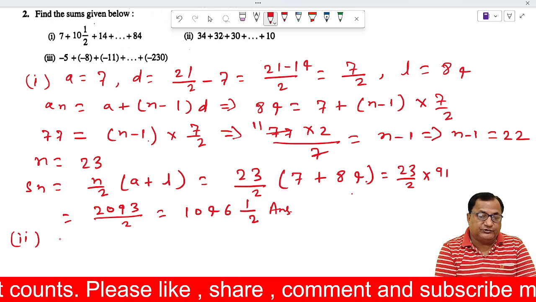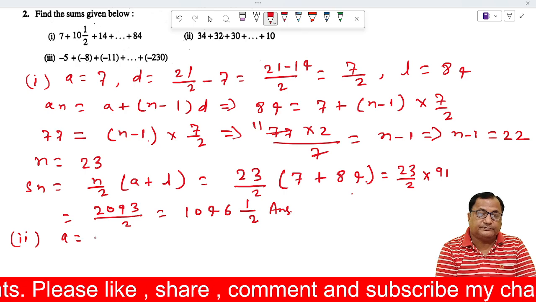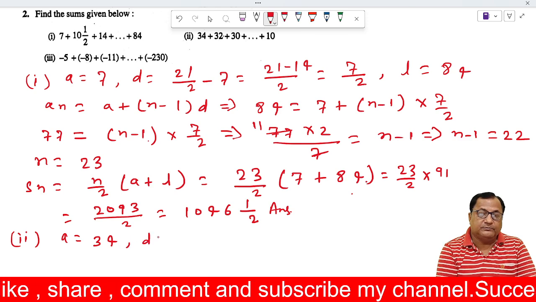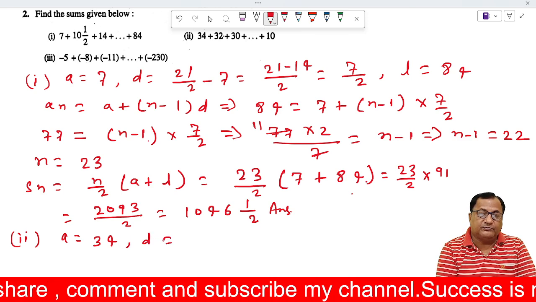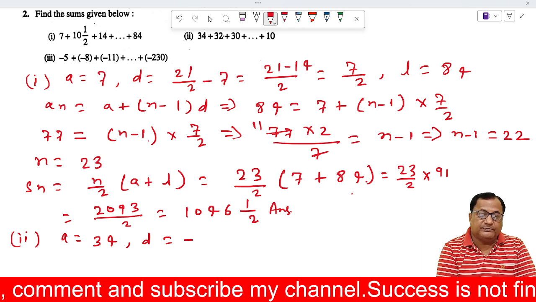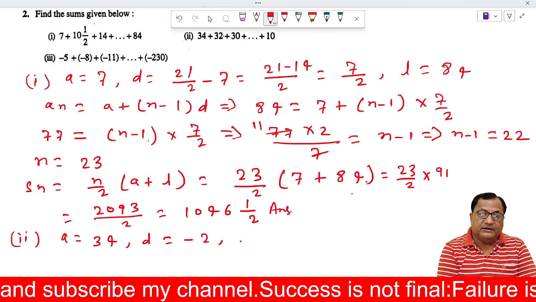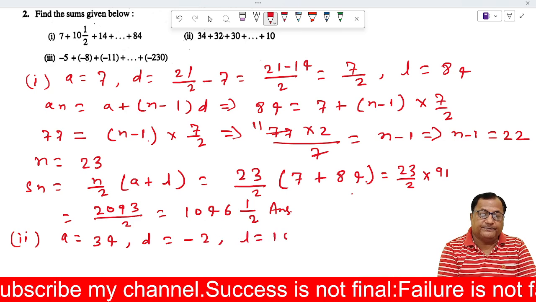Question number 2. A is equal to 34. D is equal to, we will subtract, 32 minus 34. This will be minus 2. L is equal to 10.